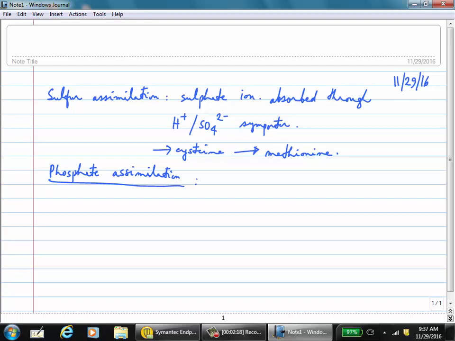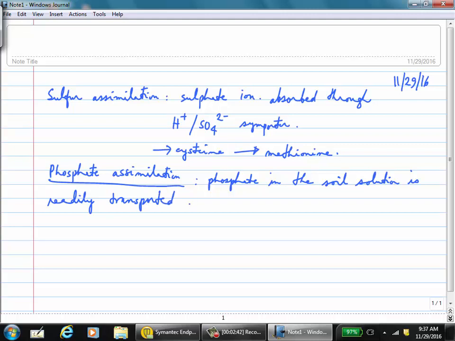So phosphate in the soil solution is readily transported into plant roots via a hydrogen ion, HPO4 2 minus symporter.